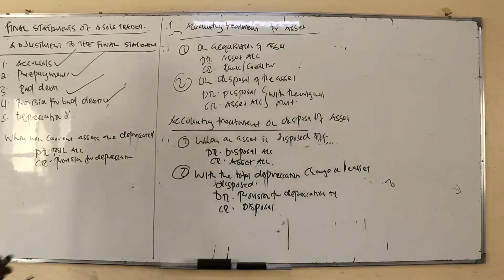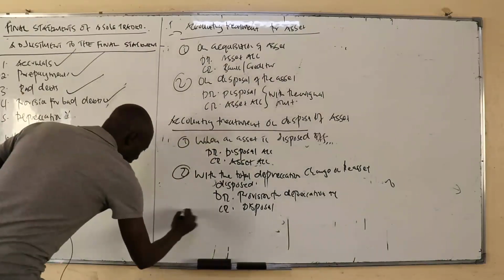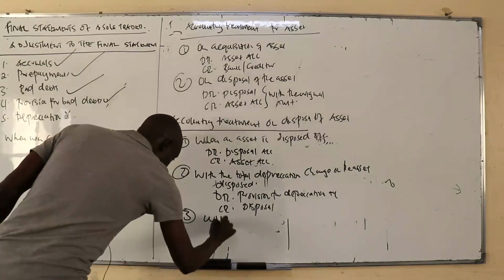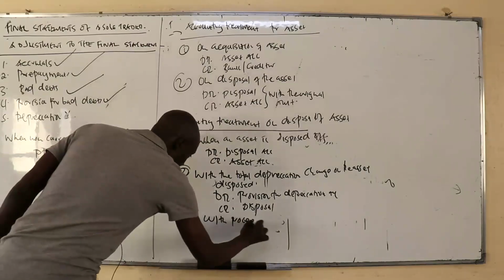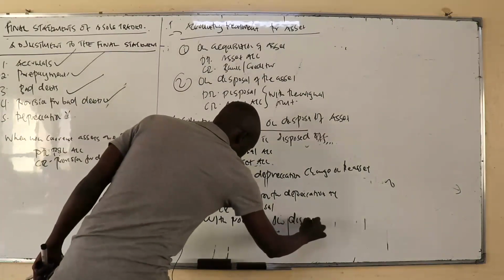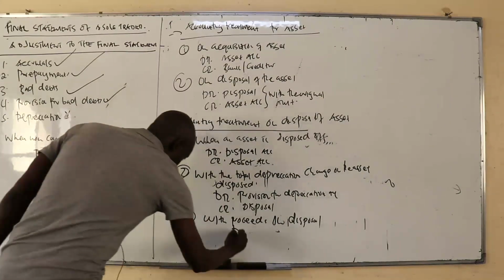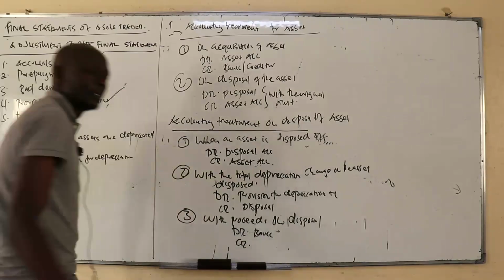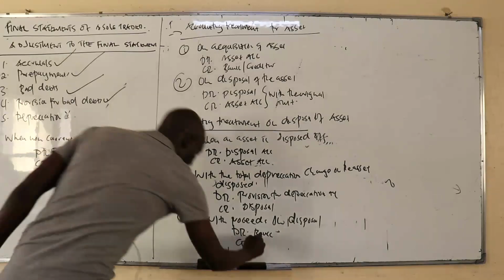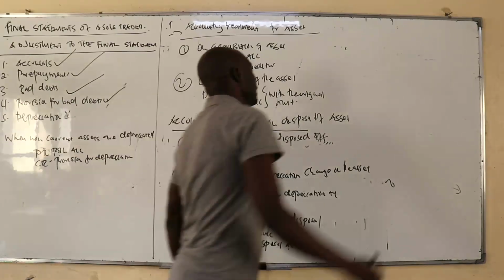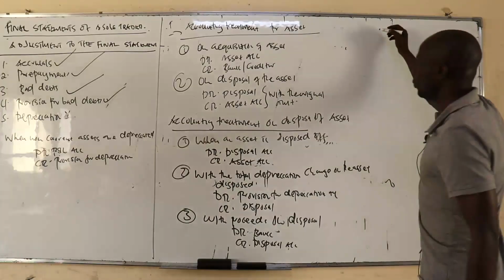And number three, with the proceeds on disposal, the amount of money you receive for the disposal, you debit bank and you credit disposal account.